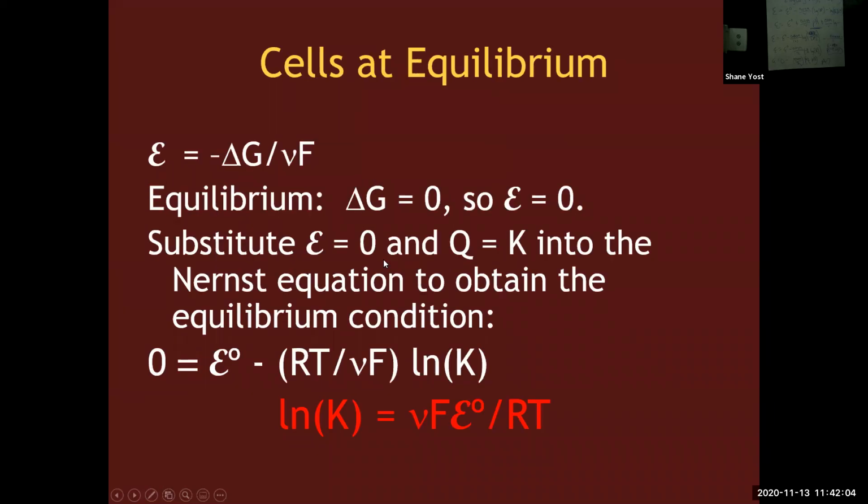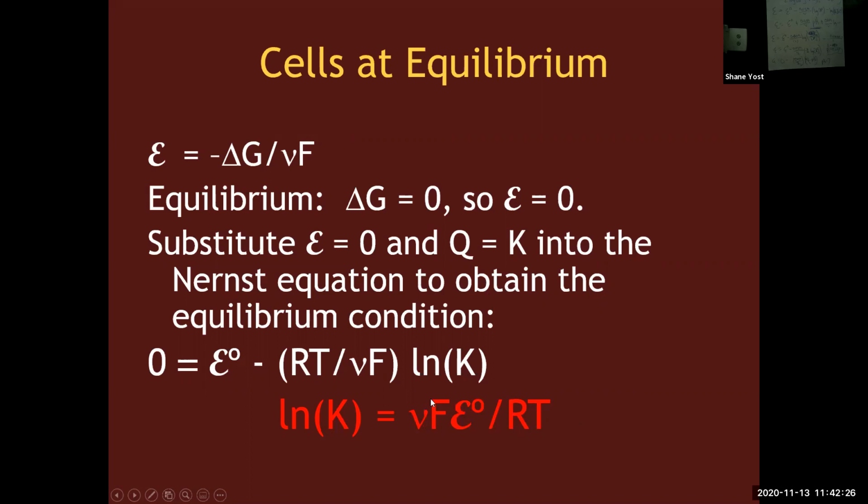All right. And then finally, the relationship between the standard cell potential and the equilibrium constant is related to the relationship between the free energy and the equilibrium constant under standard conditions. It's just that now we have a factor of negative nF. So the natural log of K is equal to a positive nF times the standard cell potential divided by RT.